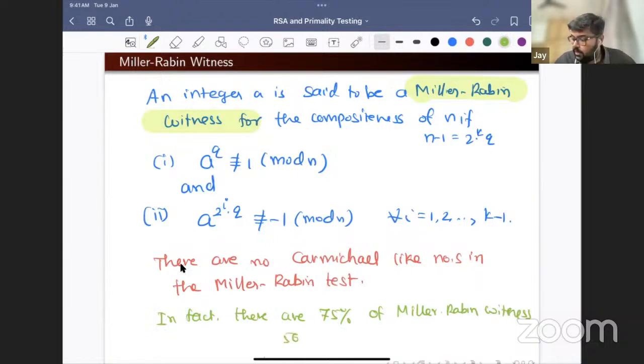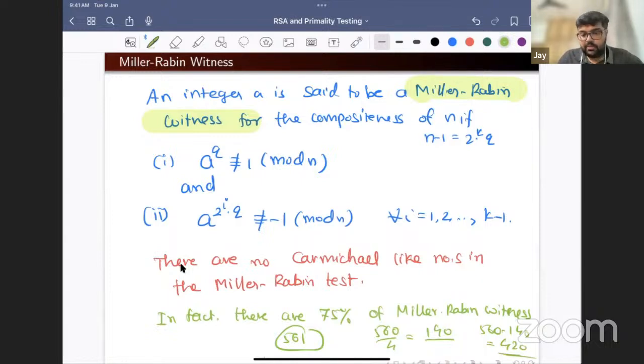If you remember, 561 was the smallest Carmichael number, which did not admit any witness, yet it was composite. Here there are 75% witnesses. That means, let's say for 560, 3/4 are witnesses and only 1/4 may not be, so 140 may not be witnesses, but 560 minus 140, that is 420 witnesses, are there.